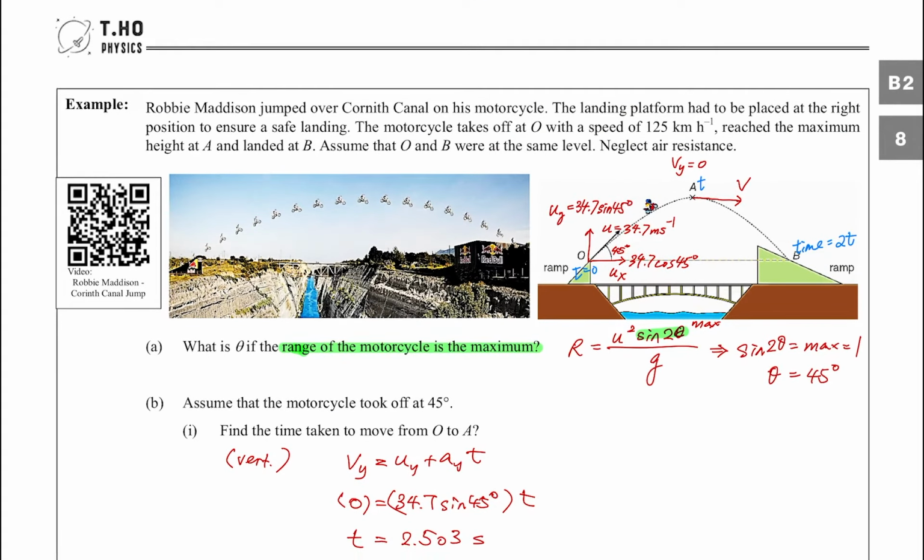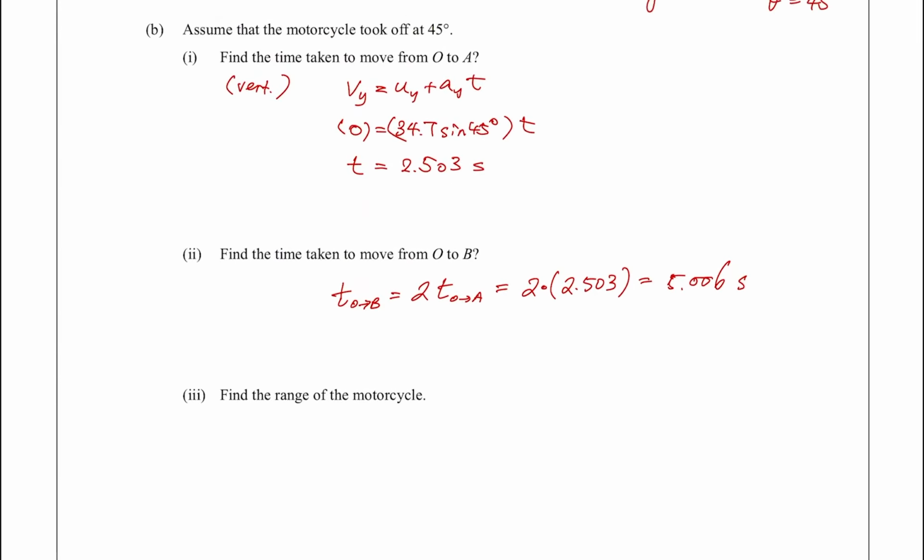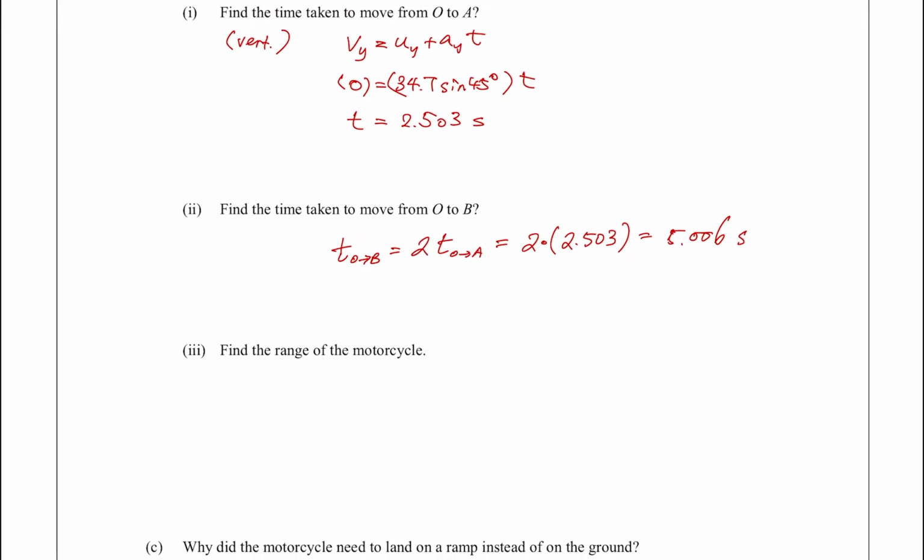Finally, the range of the motorcycle. Now, may I remind you again, because we are talking about the special case in which the starting point and ending point are on the same level, we can directly apply the range formula. So R is equal to U squared sine 2 theta over g.